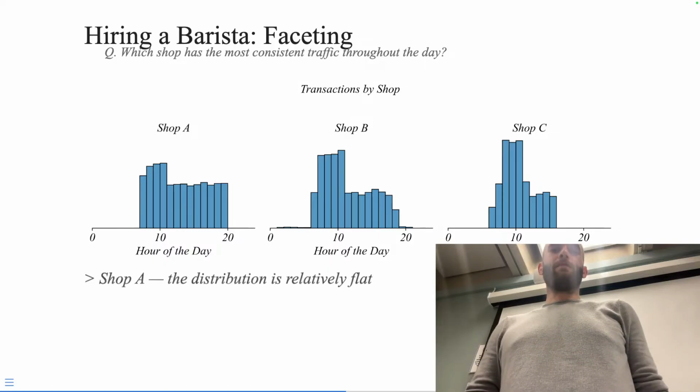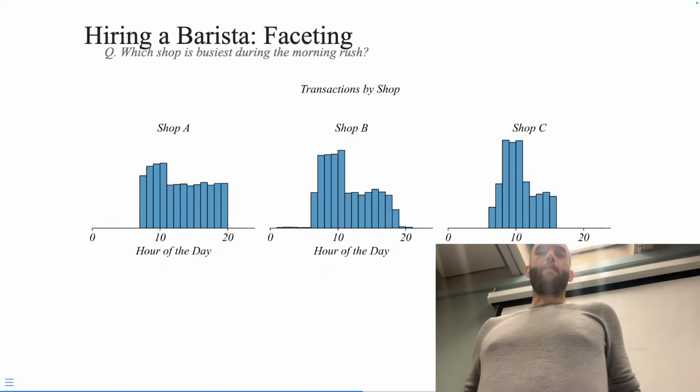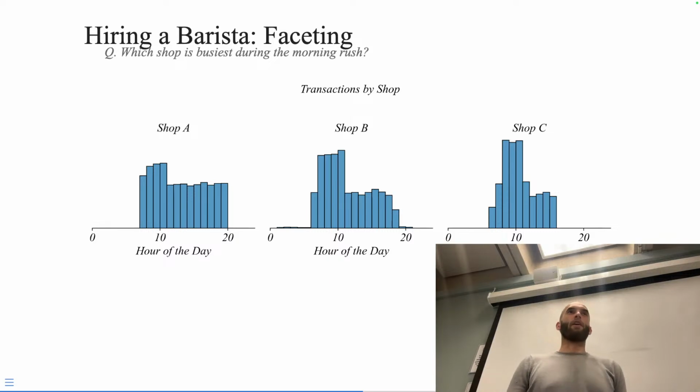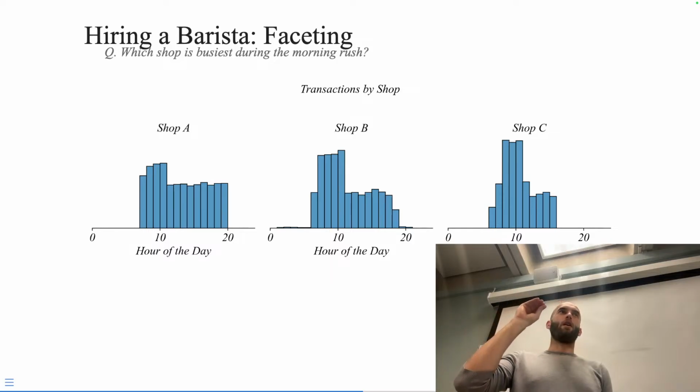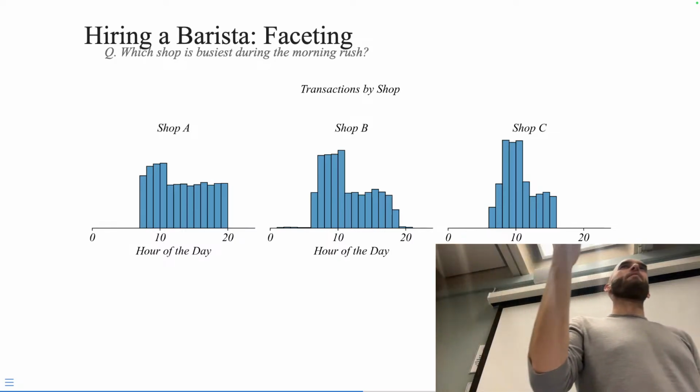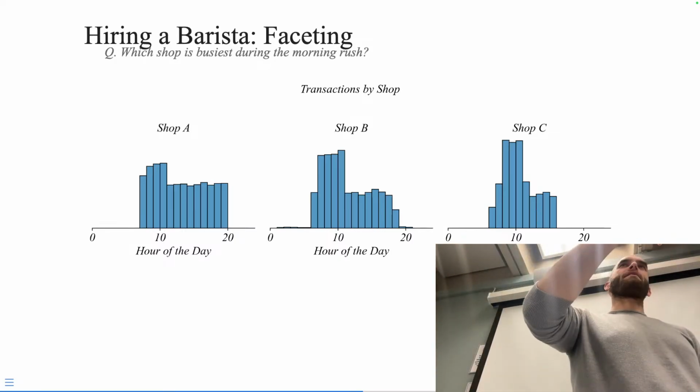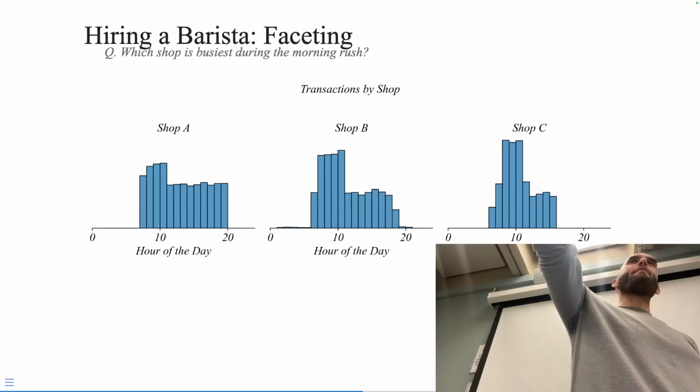What about this question? Which shop is busiest during the morning rush? Okay, someone want to give me an answer? Shop C. And we've sort of already found this, but we can find it again with facets. Remind me of your name?